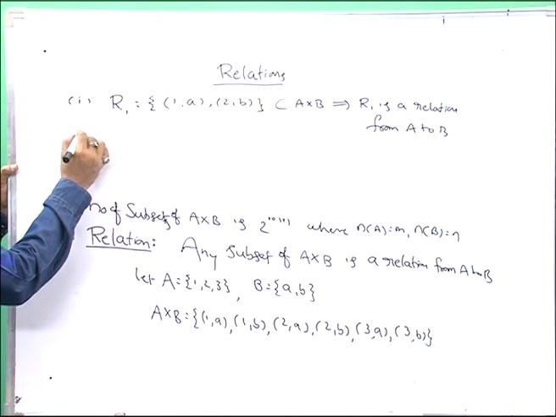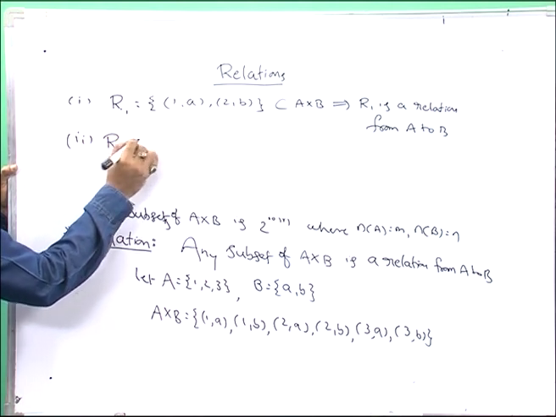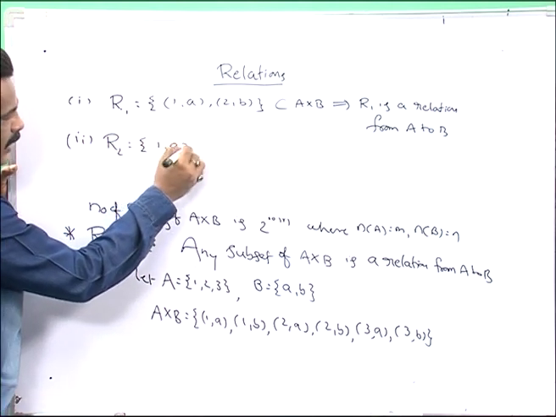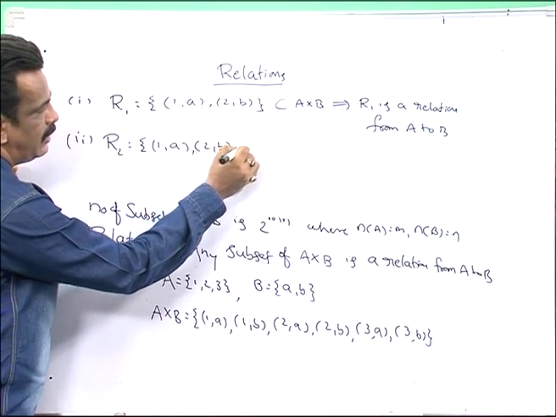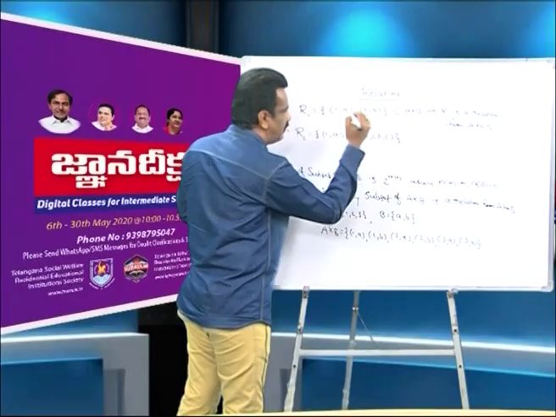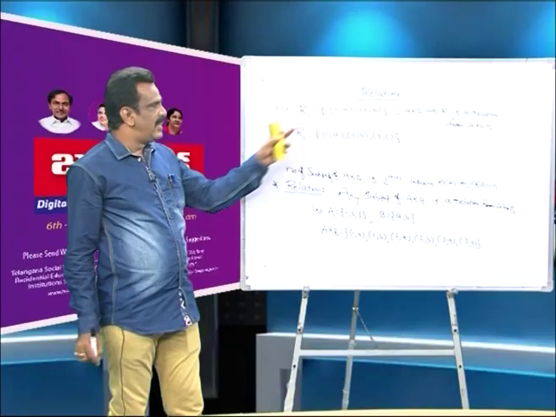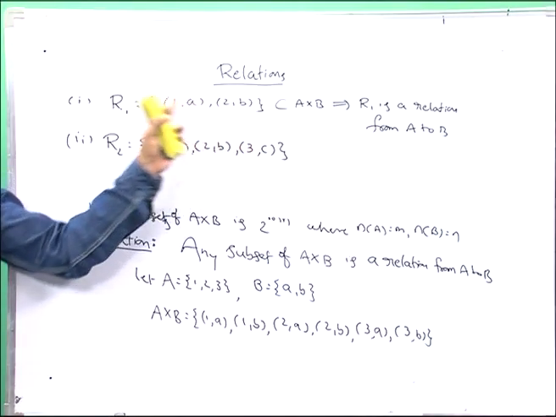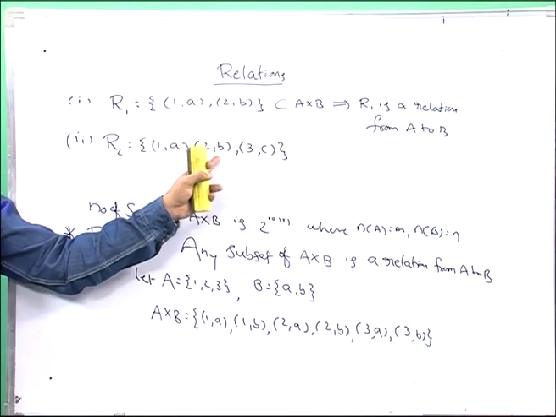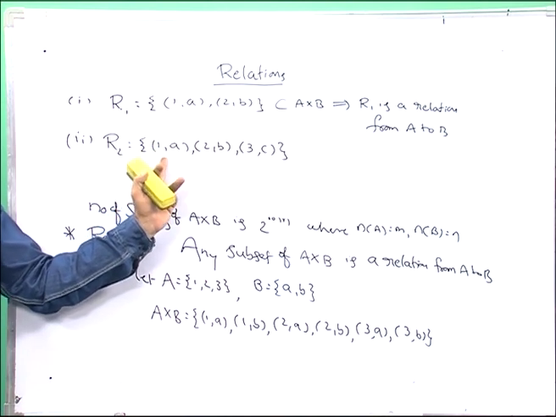And as point number 2, I will take R2. Suppose it is (1,a), (2,b), and some (3,c) I am writing. The ordered pairs (1,a) and (2,b) are there in R1 and they are available in R2 also, and hence no question of checking them.